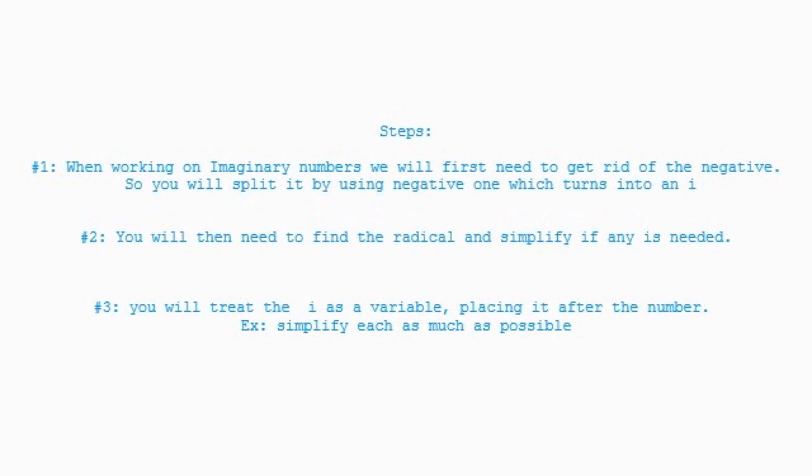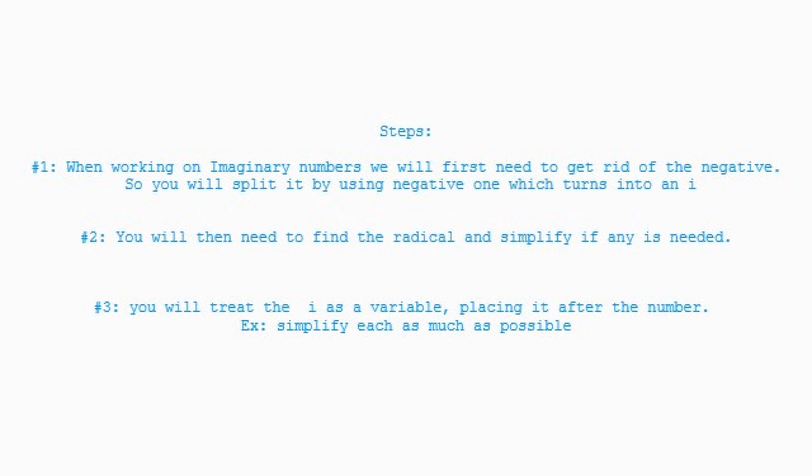So there are 3 steps to working with imaginary numbers. The first one will be getting rid of the negative. And to do so, you will have to split the radical number and convert the negative into the square root of negative 1, which converts into i. And this will be your imaginary number.